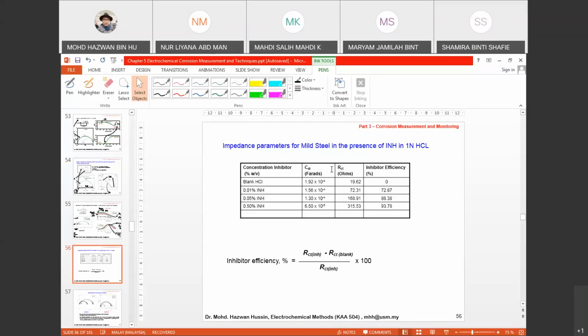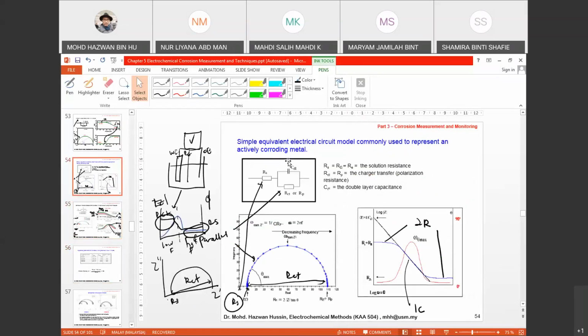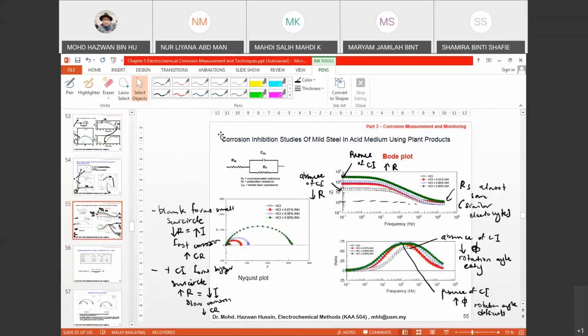You will get this value, double layer capacitance, and charge transfer resistance after you fit it. Remember, the model that we use for fitting will be the Randles model, the Randles circuit. This is the simple Randles circuit.